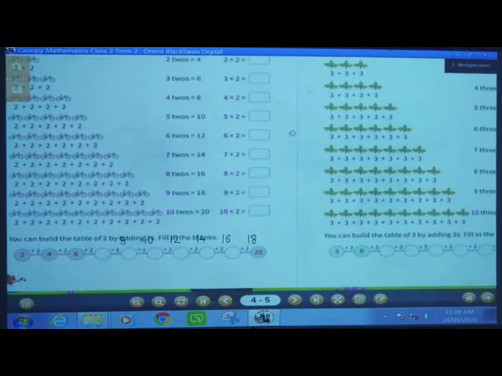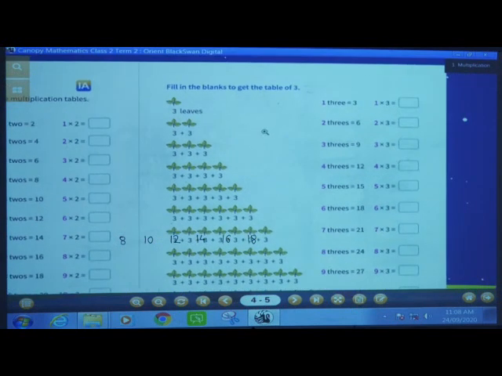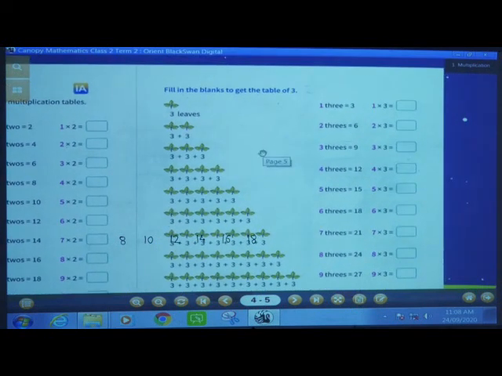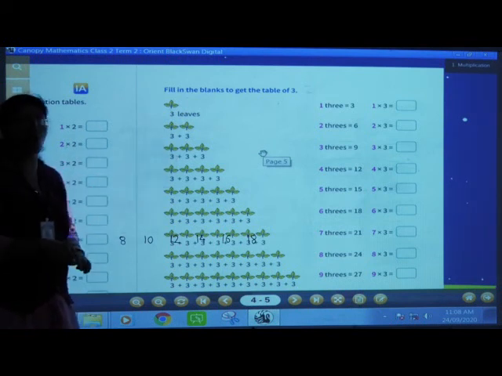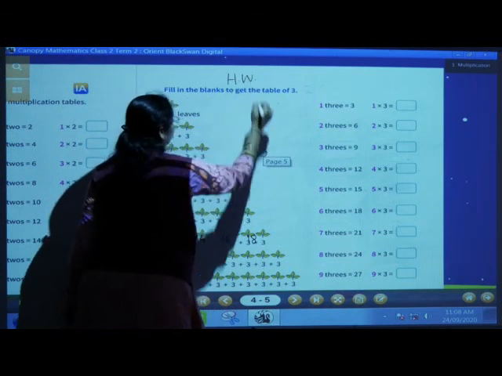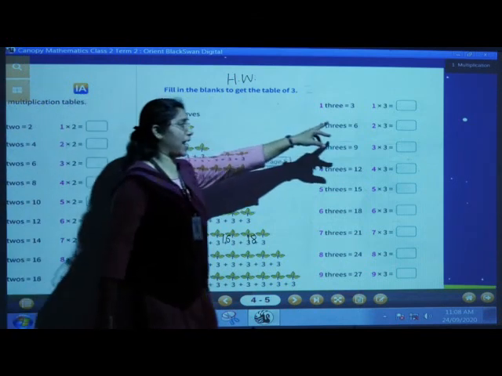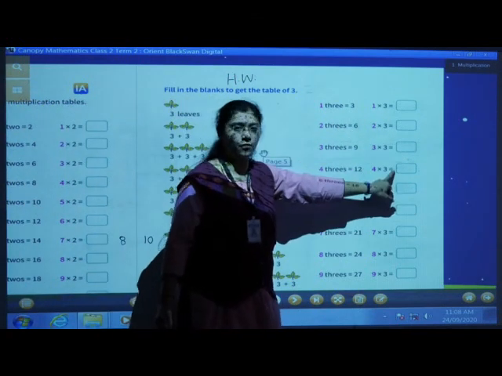Done? Now fill in the blanks to get the table of 3. This is the homework. Okay? If you fill these blanks, you will get the table of 3.